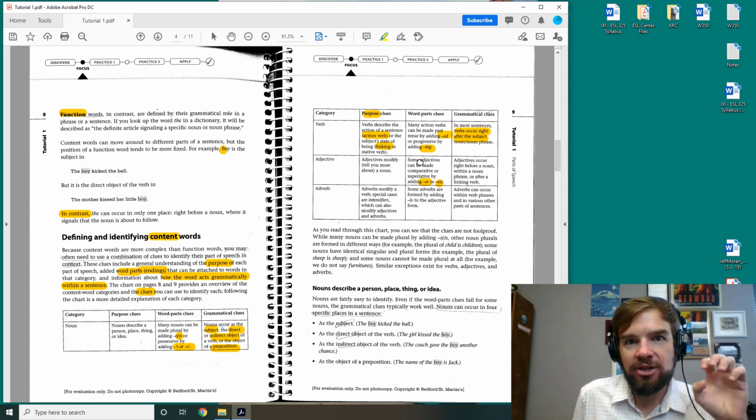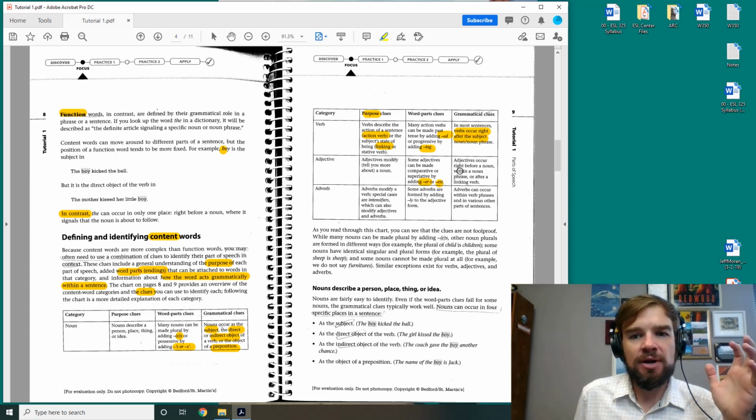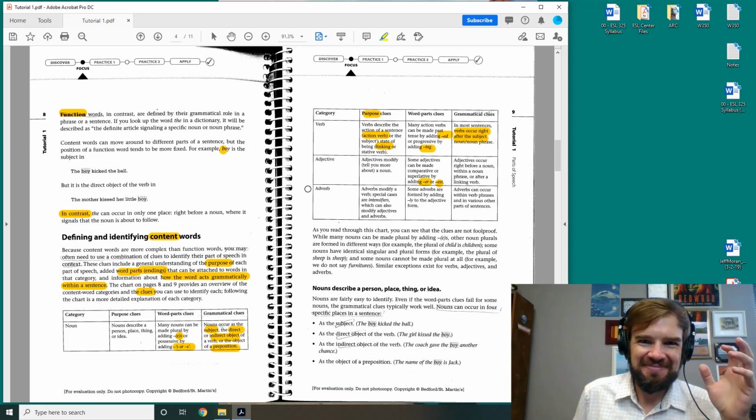Those are clues. Adjective, adjective, adjective. And adjectives occur right before a noun, within a noun phrase, or after a linking verb. That's the grammatical clue. So if you're looking at the sentence and you're thinking, ooh, okay, word order, this word comes before a noun. It says nicer person, person's a noun, nicer, er, it's an adjective, right?